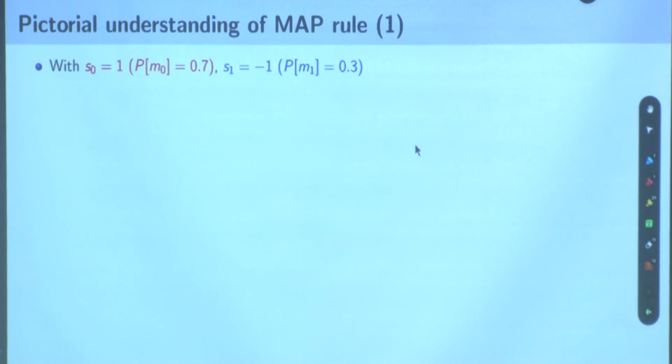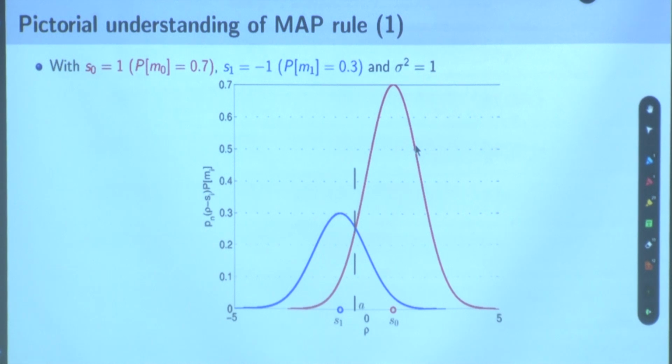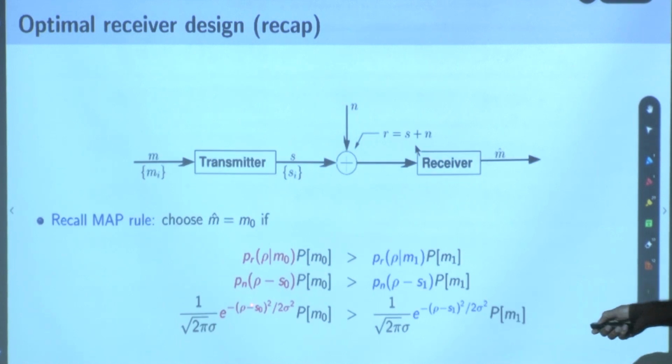Now we have to consider the noise variance sigma square, which is the noise power, and for simplicity we take it as 1. If you look at the probabilities from the last slide, what is this?